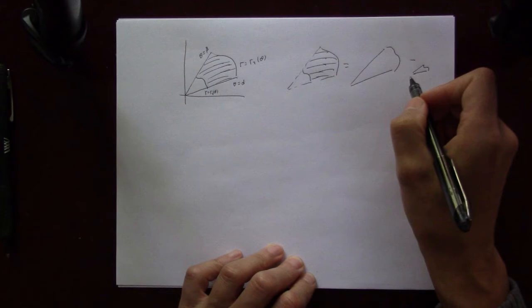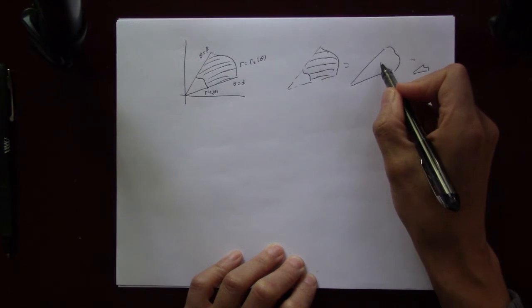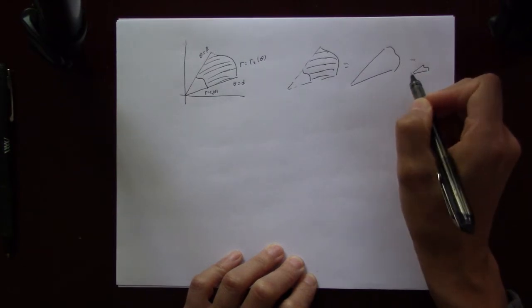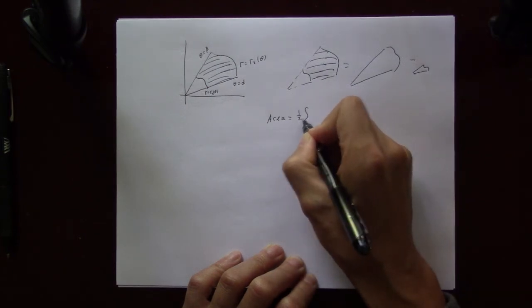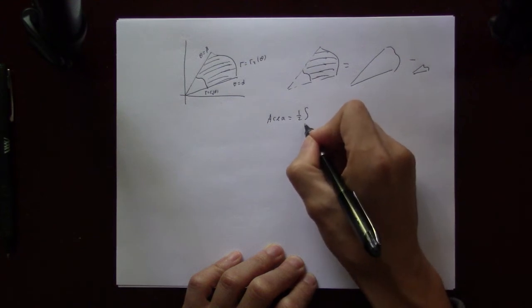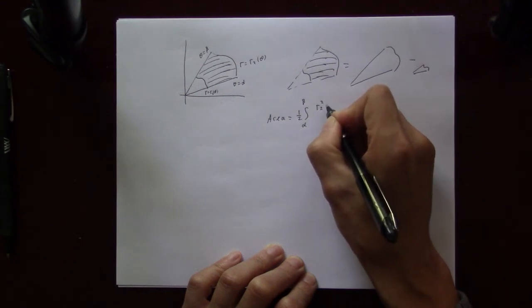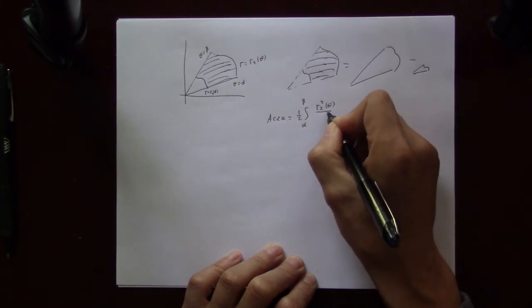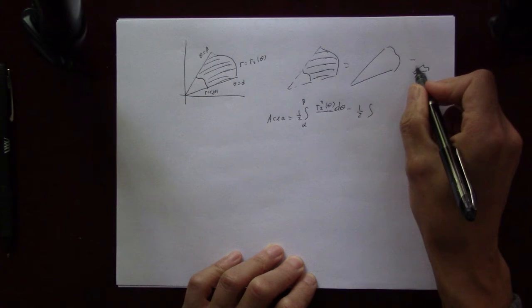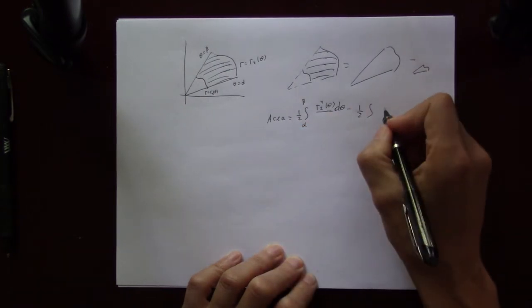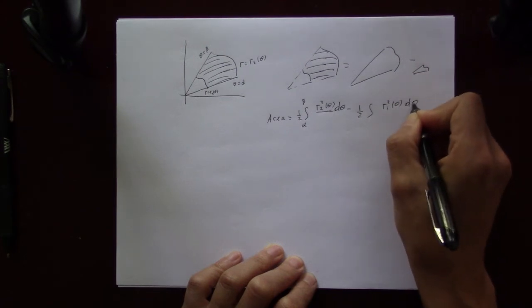So that's how we're going to obtain the area between two polar curves, because now we know how to calculate the first piece, and how to get the second piece. So area is going to be equal to the area of the bigger piece, 1/2 from alpha to beta, r2 squared theta d theta, minus 1/2, now to calculate this area we use the second function, r1 squared d theta.